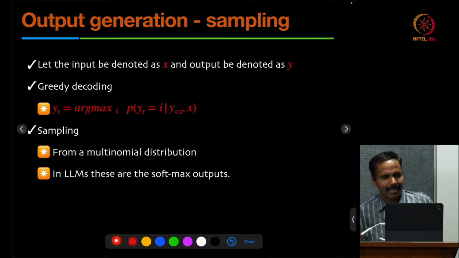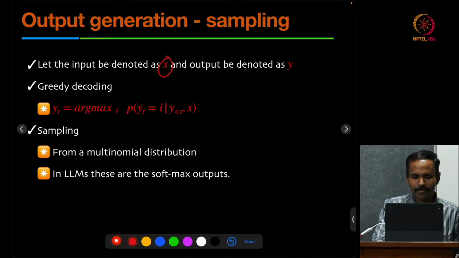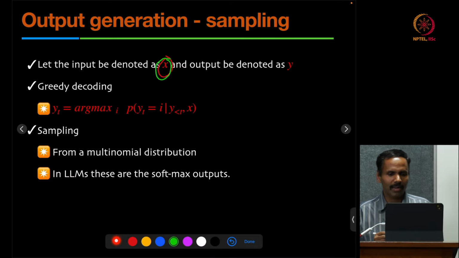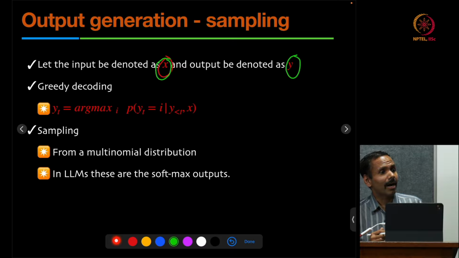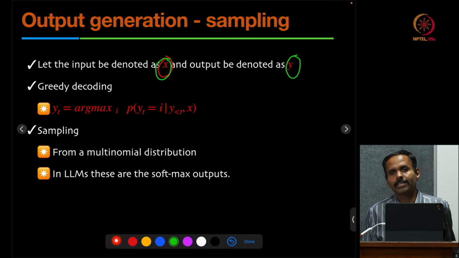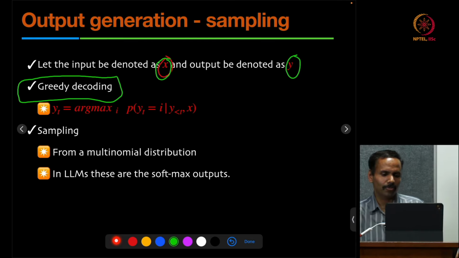So let us take a slightly abstract version of this input example. Suppose I call the input X, and let us say the output is Y. Now what I said as argmax is what is called, in the terminology of sampling and output generation, greedy decoding, right. The term greedy means you are picking the maximum possible output.